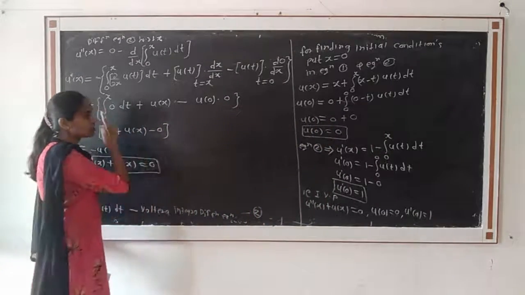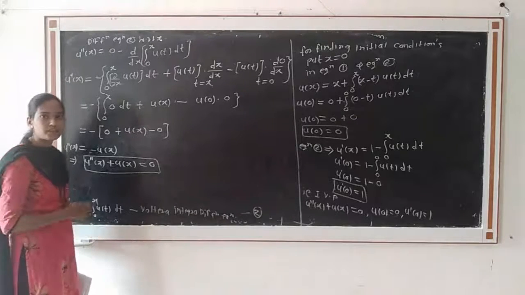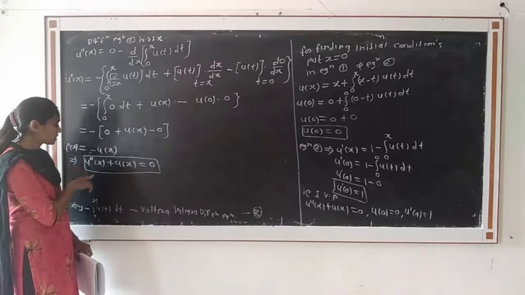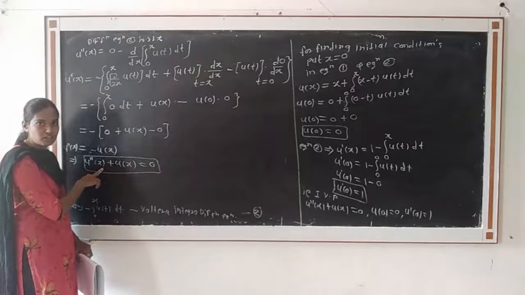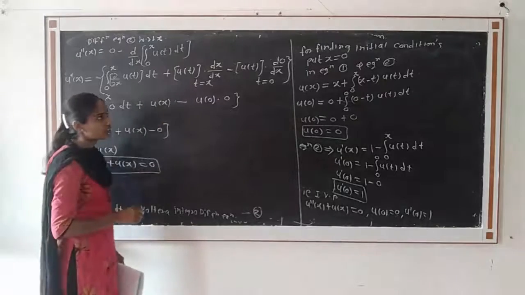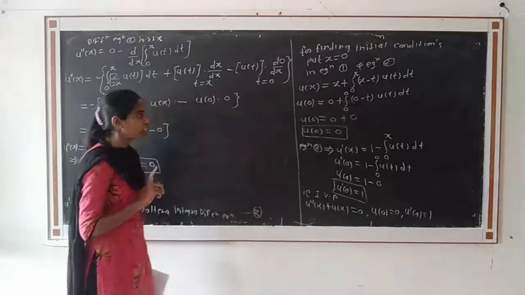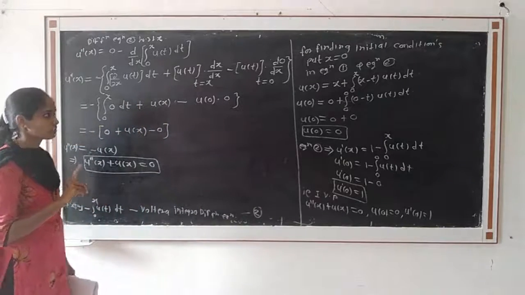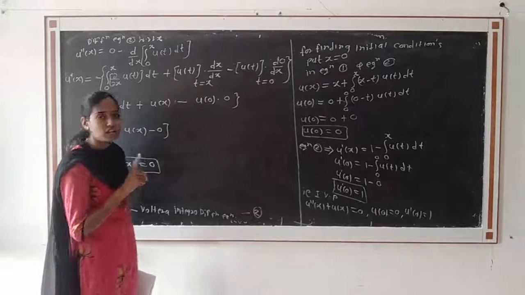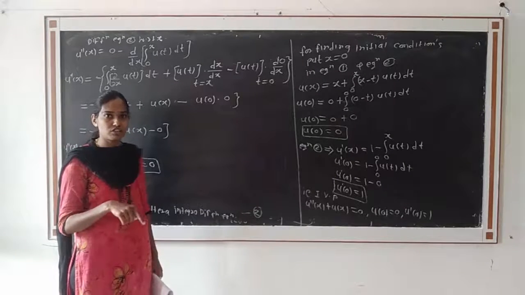Here, from the given Volterra equation, if we differentiate the given integral equation 2 times with respect to x, then we get the second order differential equation. For finding the initial conditions we use the given integral equation number 1 and the integral differential equation, that is equation number 2, and put in those equations x is equal to 0, that is the lower limit of the given integral equation.